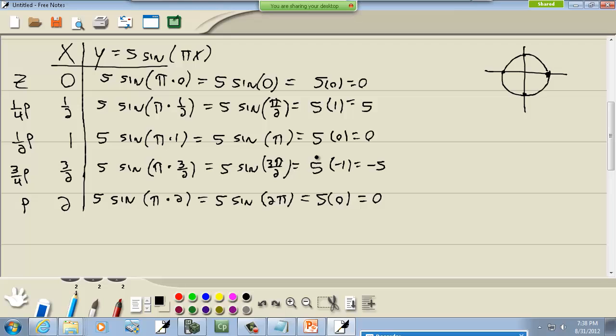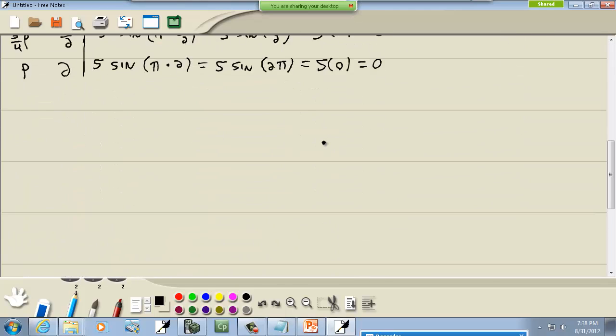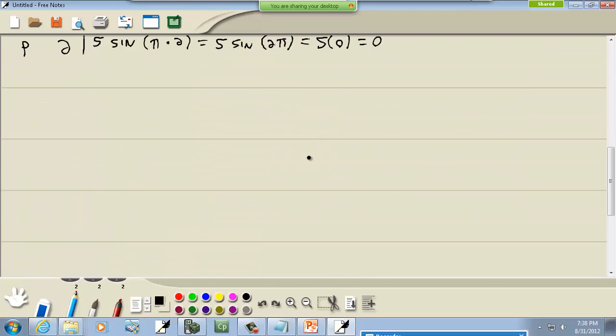So our period is 2, and then this goes up to 5, negative 5, and we want to move it down 2. Let me do a little bit of planning here.